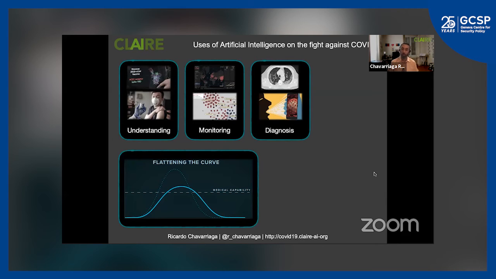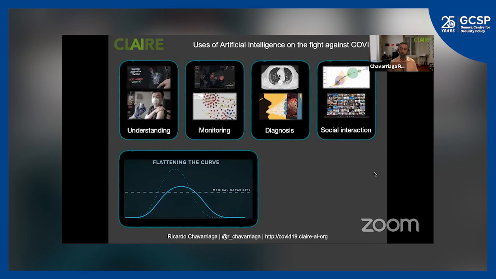That means that the models that are done right now for diagnosis and for monitoring and other applications may have an intrinsic bias depending on the people who have been infected so far and how these systems are validated. And this is something that needs to be taken into account when new solutions based on data science and artificial intelligence are put in place.